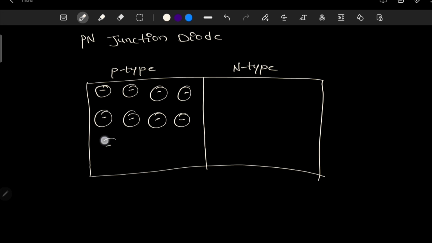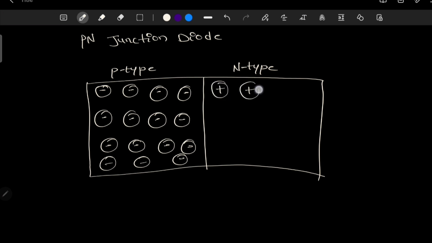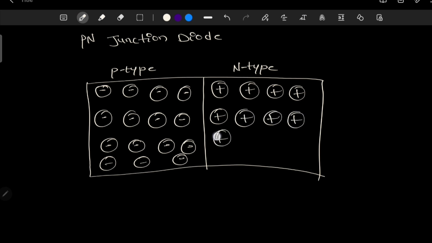So by accepting an electron, it forms the negative immobile ions. Coming to N type, in N type we have positive immobile ions. Why does it have positive immobile ions? Because it will donate one electron. By donating one electron, it forms the positive immobile ions.